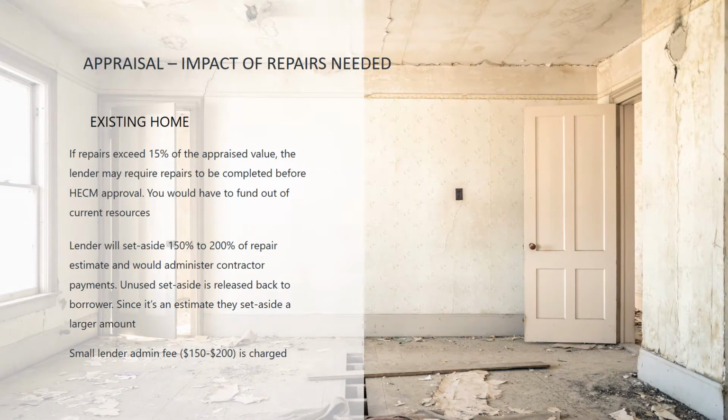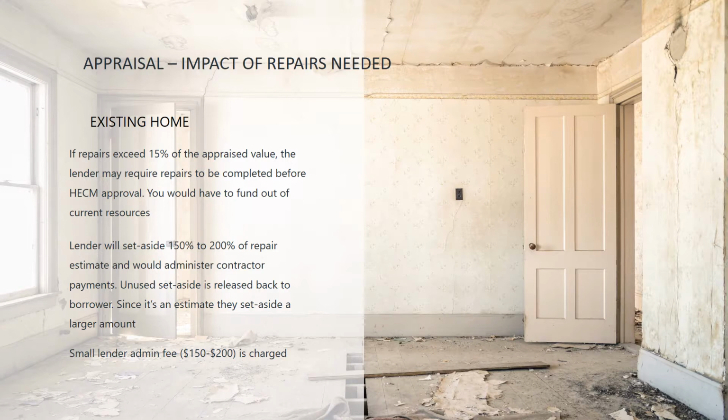If your home needs major repairs, estimated above 15% of the appraised value, the lender may require that those repairs be completed before it will give approval on the HECM. However, below this level, the lender will set aside a necessary repair estimate and will administer the contractors who are completing the repairs until they are finished.